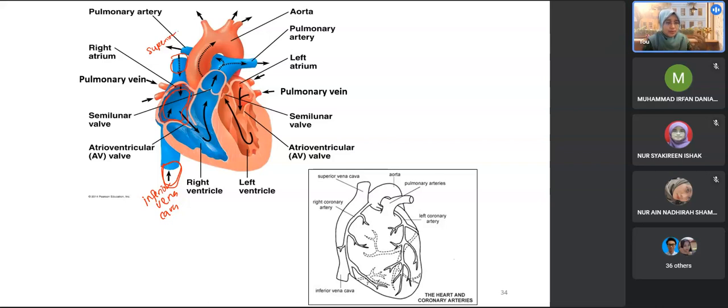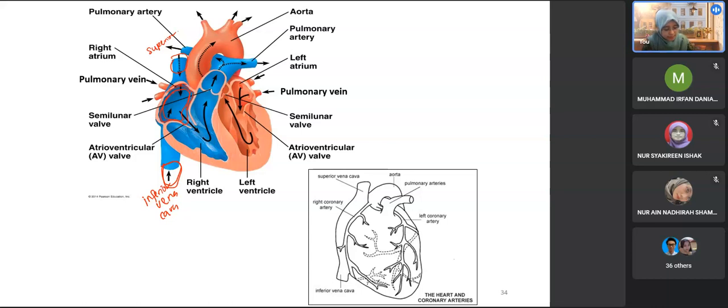The superior vena cava receives oxygen-poor blood from the upper part of your body. The inferior vena cava receives it from the lower part of your body, the abdomen and also the legs.